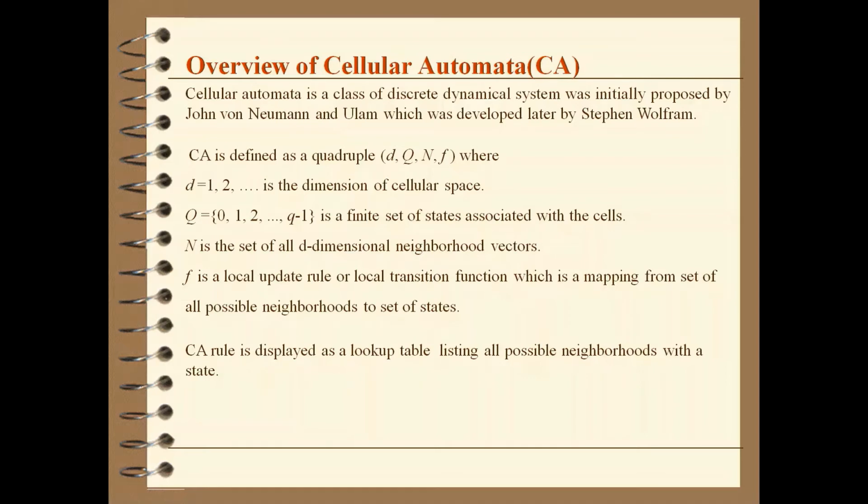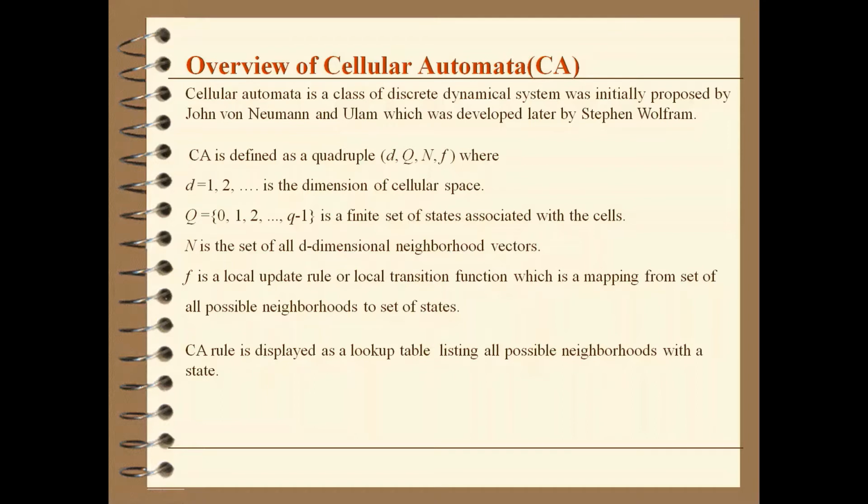This is the overview of CA. It was proposed by J.P. Newman and Ulam, and later on it was developed by S. Wolfram for modeling complex structure. Cellular automata has components D, Q, N and F. D is the dimension of the cellular automata.